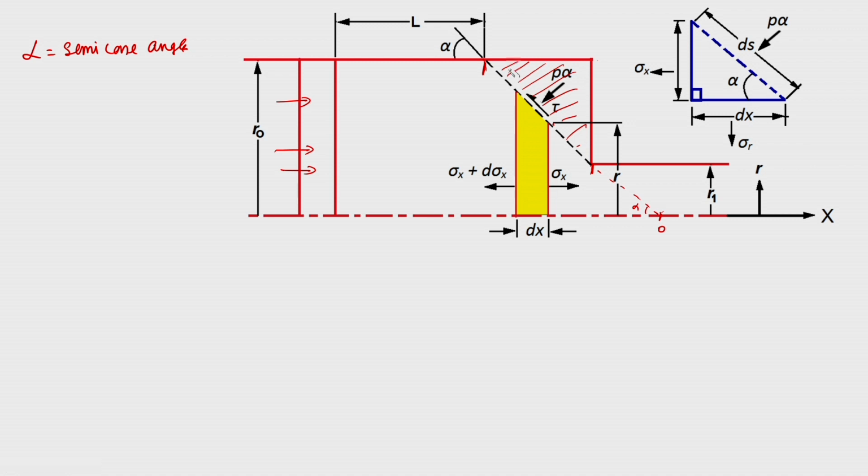These are the various forces or stresses which are acting. You will find that there is this P alpha. P alpha is the normal pressure acting on the interface between the billet and the die, and the axial stresses are sigma x plus d sigma x on the left side and sigma x on the right side.